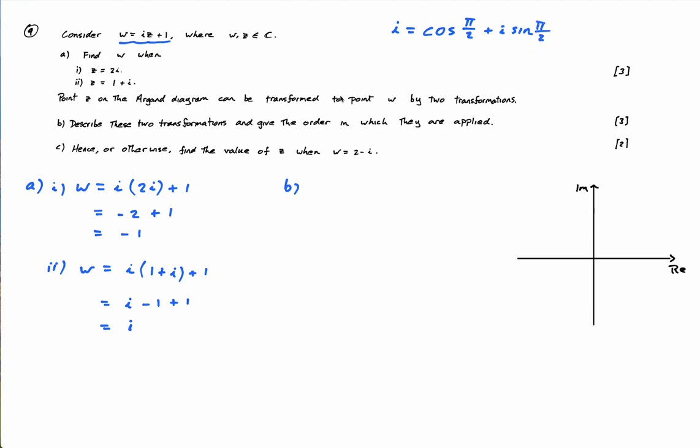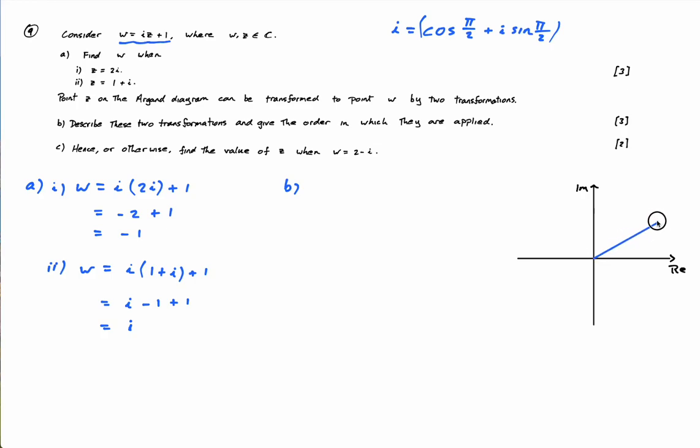So this is one of the geometric properties of multiplying by complex numbers. When you multiply by a complex number, it is a rotation of angle theta. So when we multiply z by this complex number, what we do is we rotate the complex number clockwise.